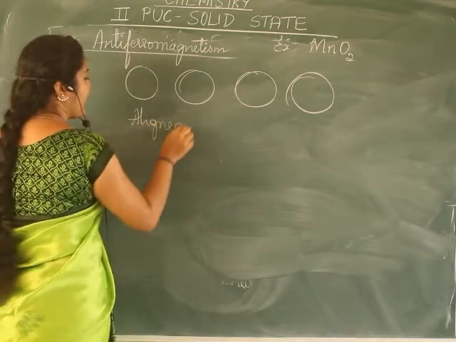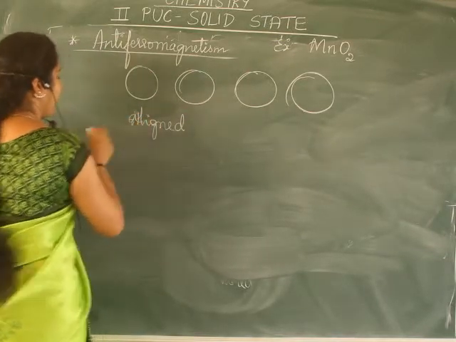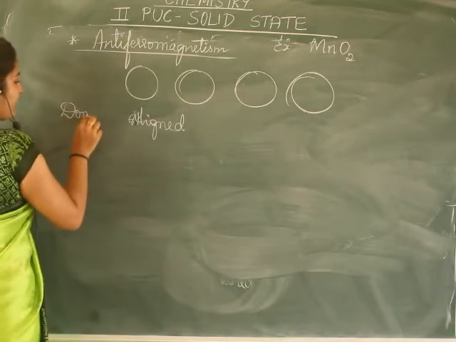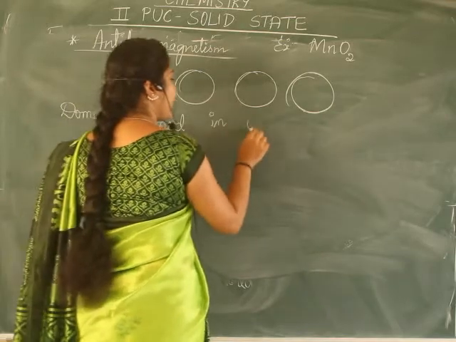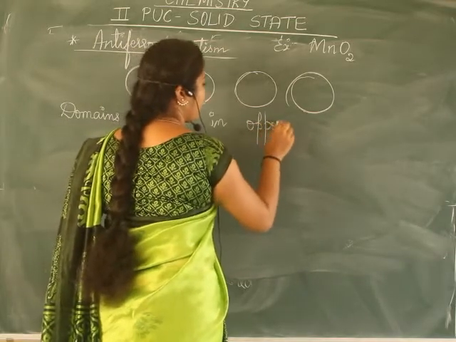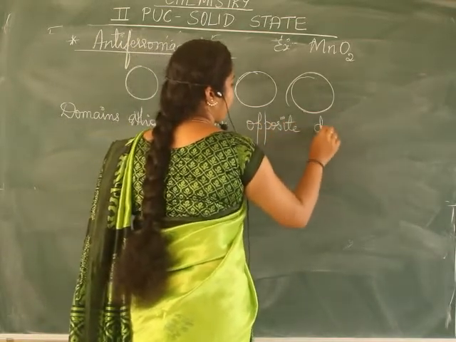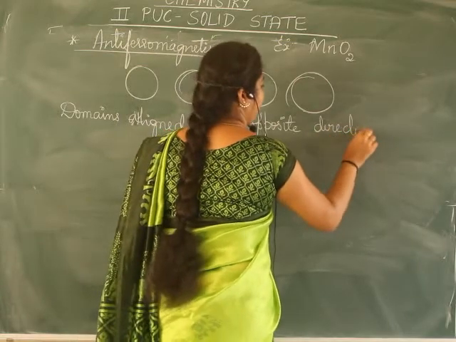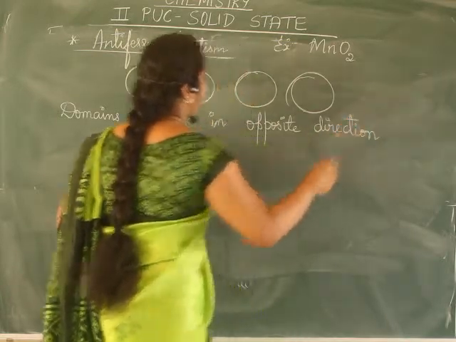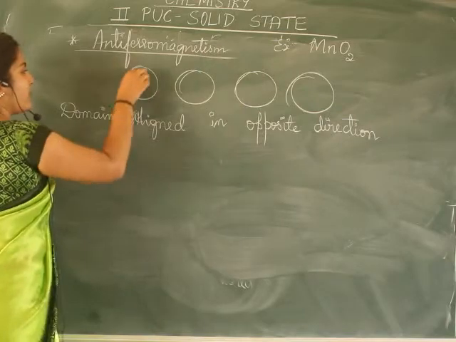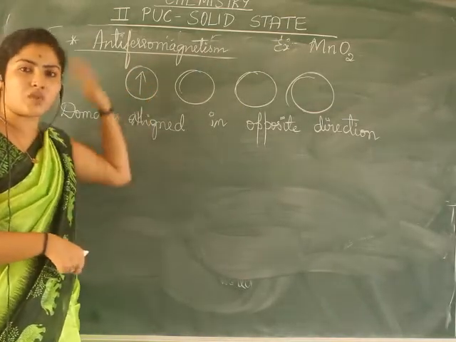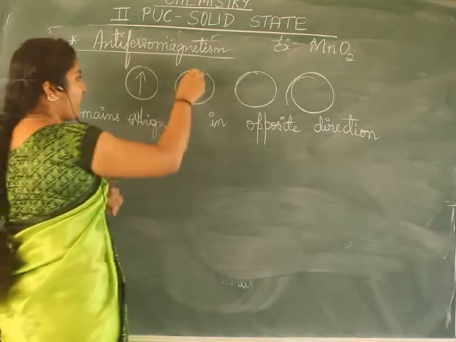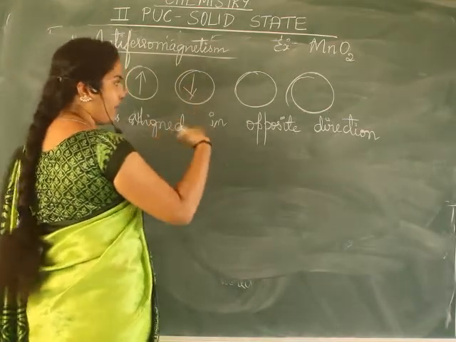Domains are aligned in opposite directions. So if one domain is heading forward, towards the magnetic field, another will be opposite to that.